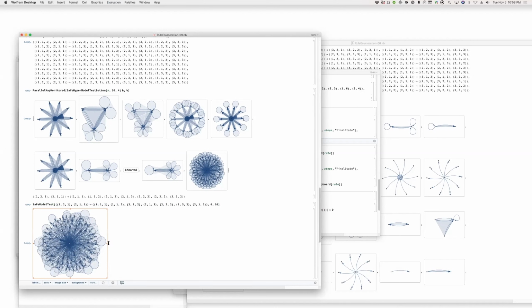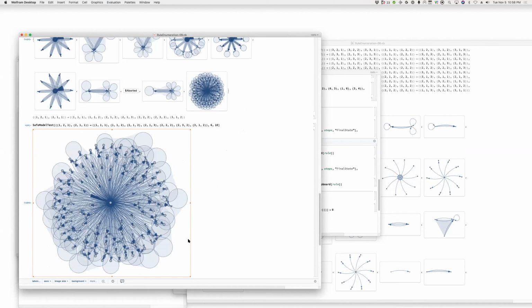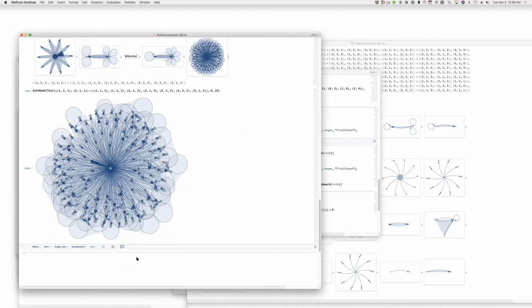Okay, what on earth is that? It looks extremely center connected.